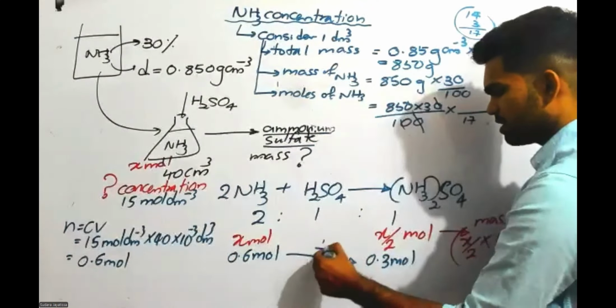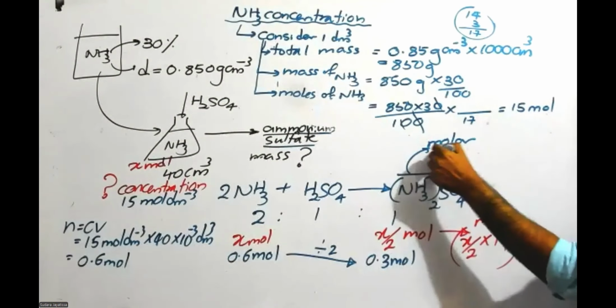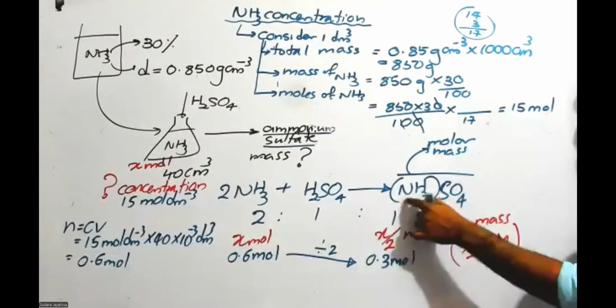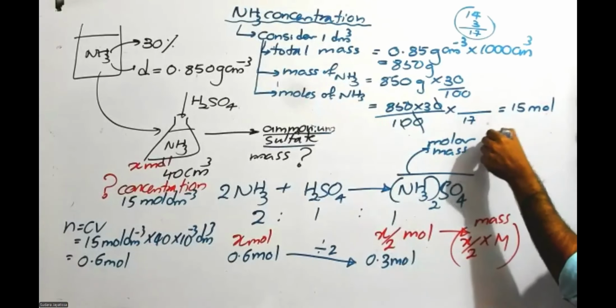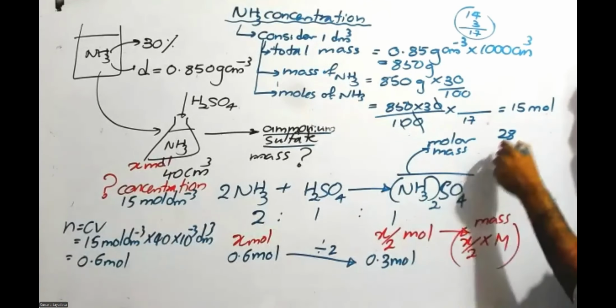And then find the molar mass of this compound. Molar mass. So how do we do it? There are 2 nitrogen, so 14 into 2, 28. And there are 6 hydrogen, and then 1 sulfur and 4 oxygen. 4 oxygen means 64.